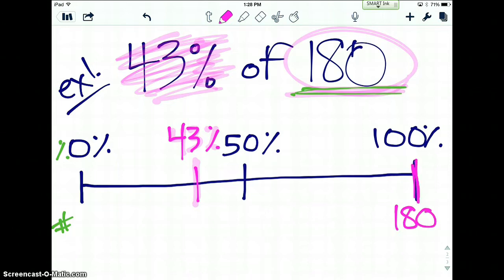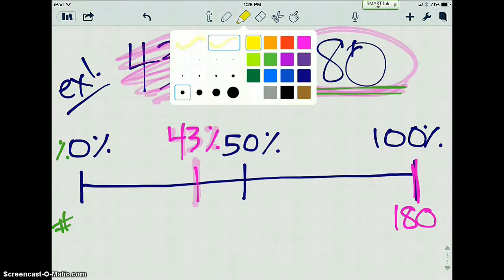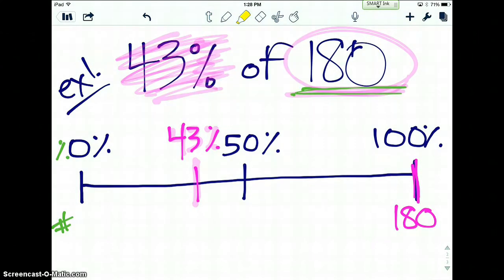Okay? Then with a highlighter, and again, if you don't have these at home, you're just dealing in one color, but we're going to see this in class also. I'm going to highlight the parts on the line in which I wrote out 43% and 180. So I have 43% that is attached with nothing on the bottom, and then I have the 100% which is attached with 180.